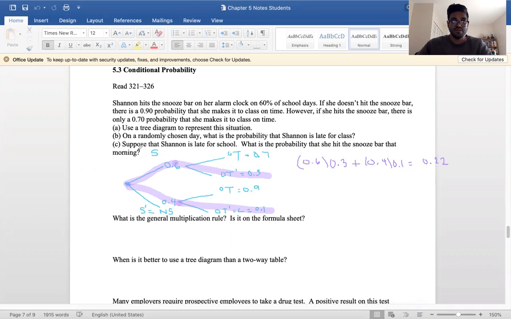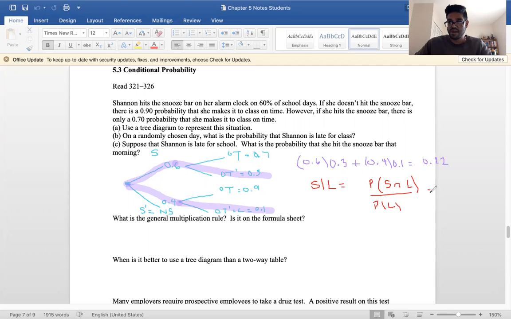And then you can answer part C. What's the likelihood that she hits snooze given that she's late? So snooze given late. Well, that's the likelihood that she hits snooze and is late, snooze intersection late, so both, divided by the probability that she's late.